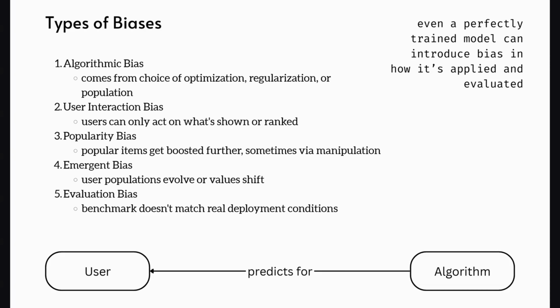The fourth is the emergent bias, that is, user population evolves or values shift. Basically, the world is changing after the deployment. It's not a design flaw, but the drift between the model deployment and the actual users of the model. For example, the model is trained on one particular cultural context, and now it is put forward to people with a completely different context, and it has never seen or understood that data.